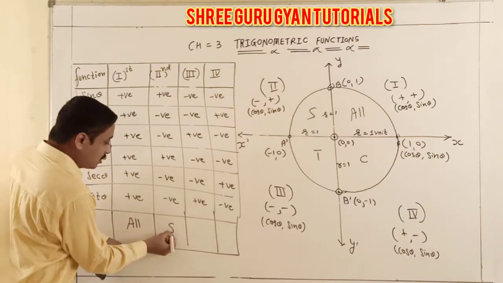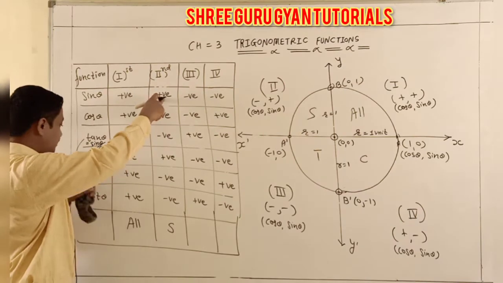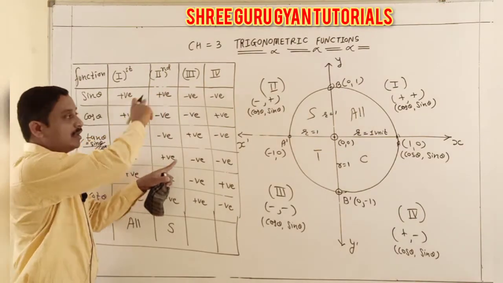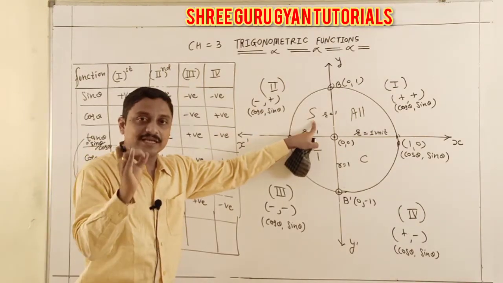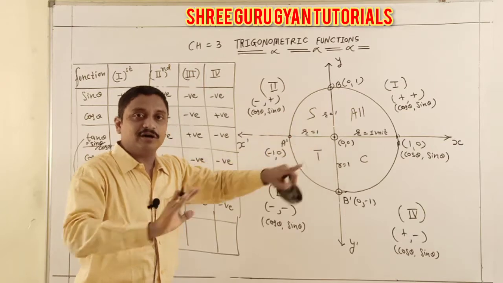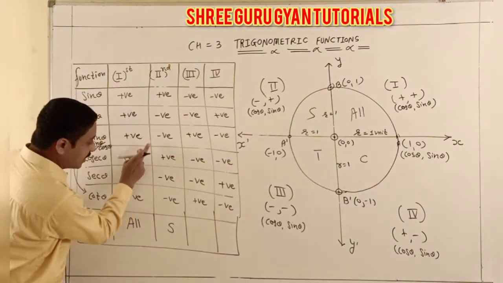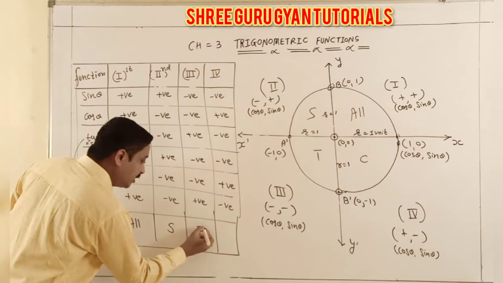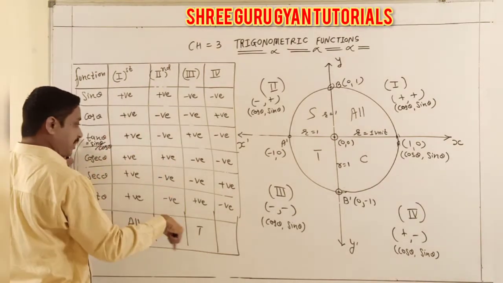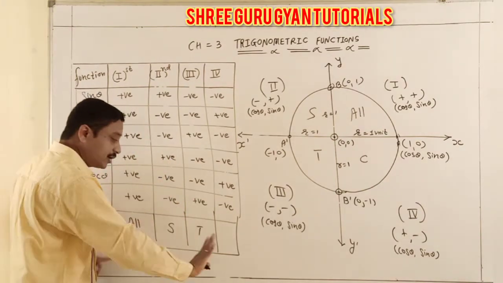Second, S means what? Sin positive, look at that, and cosec positive. S indicates sin positive, cosec positive, other are negative. Now T means tan positive and cot positive, other are negative.